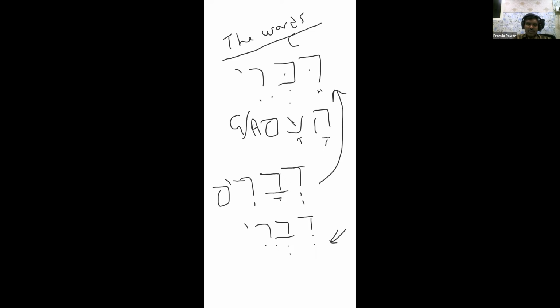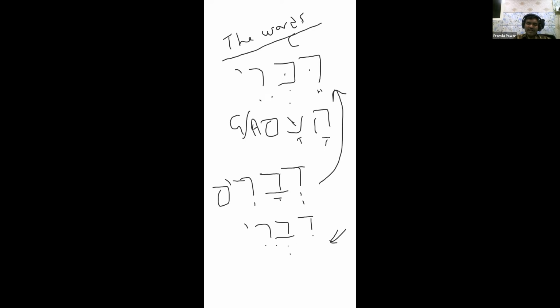Whenever in a word you find two Shvas back to back, they cannot begin a syllable. Got it? So what happens in such a case? This Shva is heightened to Hirik. Therefore, it has become Hirik: Divre. Got it?